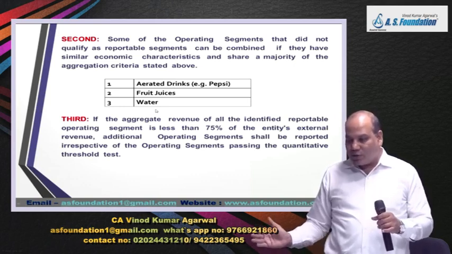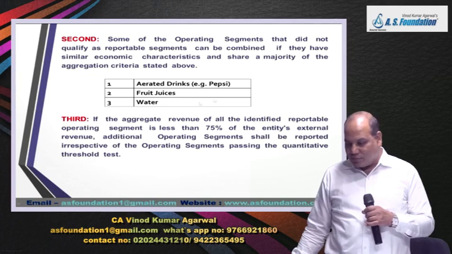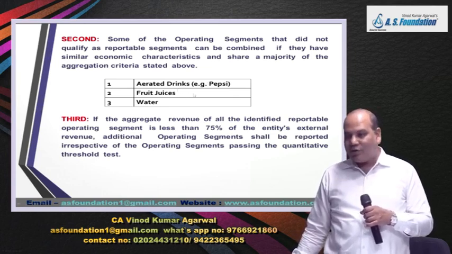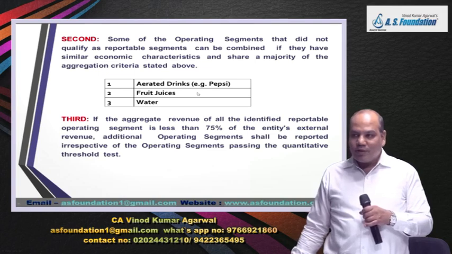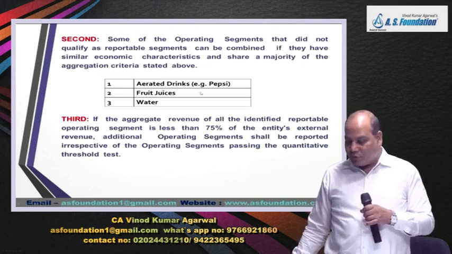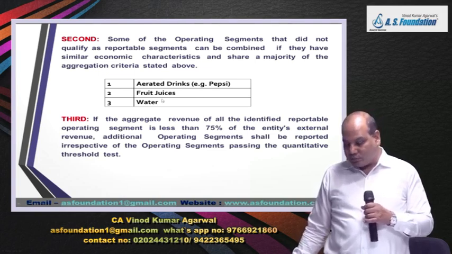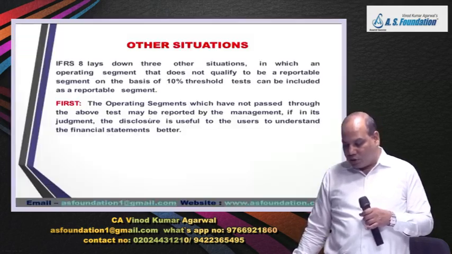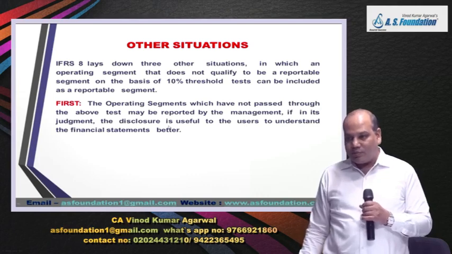But these are similar in economic characteristics and they have similar aggregation criteria also. Type of customer is same, production process is same, nature of product is same or similar, regulatory environment is similar. So then you can club them also. Normally for the first and the second, the student cannot do anything unless they give it in the problem.